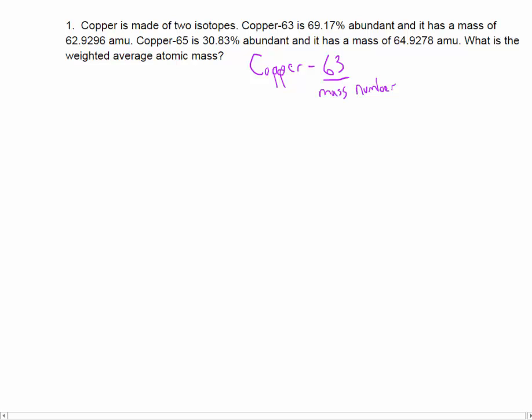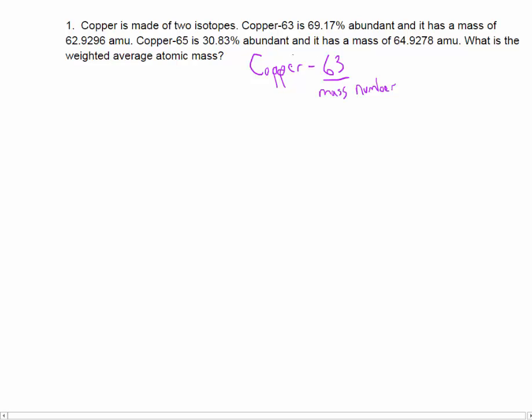Then when I got done, I'd have a pile of copper 63s and a pile of copper 65s from the copper I dug up. And if I looked at the percentage of each, I would have 69% copper 63 atoms, and the other 30 or almost 31% would be copper 65 atoms. So that is percent abundance.